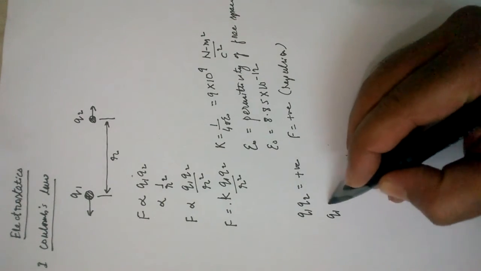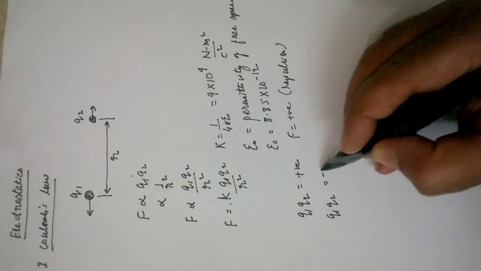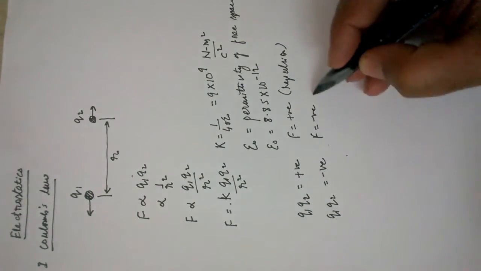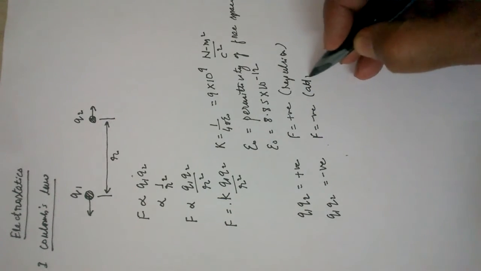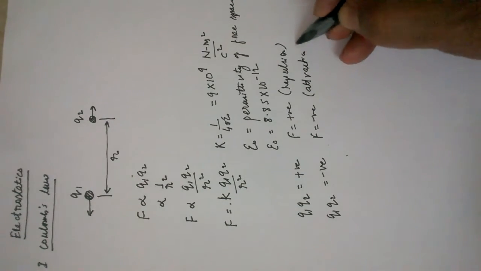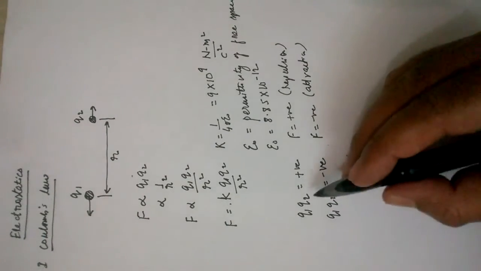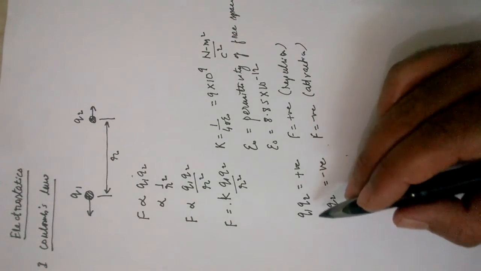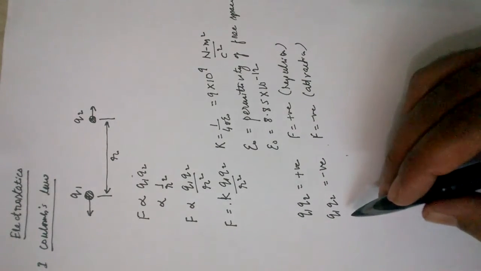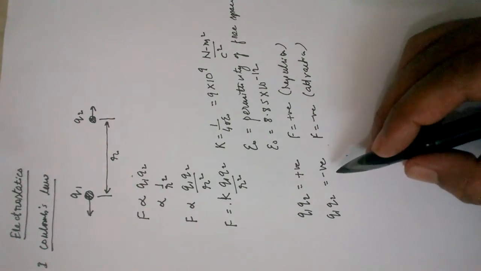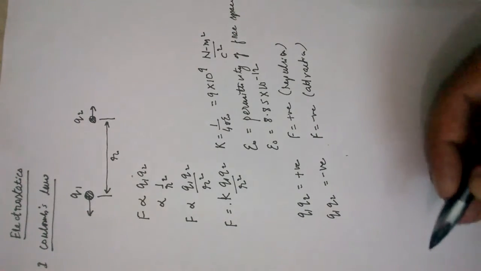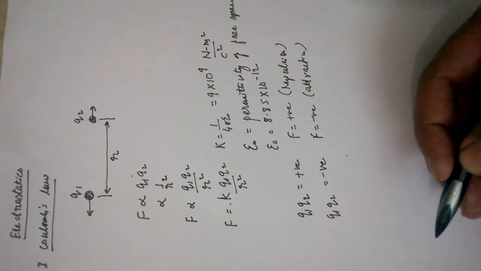If the product of charges Q1, Q2 is negative, the force will be negative and it is attraction. So when the product of charges is positive, both the charges are like charges, either both positive or both negative. And when the product is negative, one charge is positive and the other is negative. So this force will be attractive in nature.